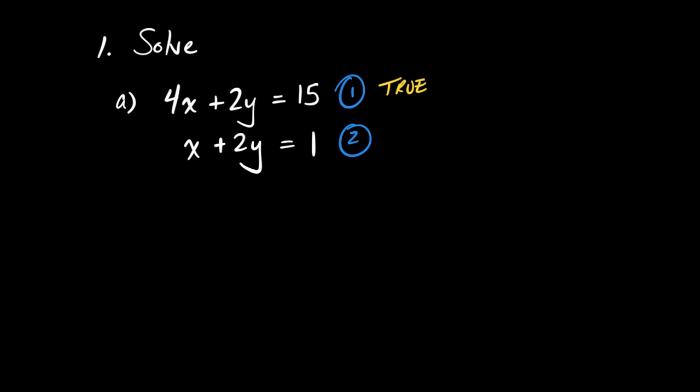It's because you've been told it's true. You've been given an equation that says 4x plus 2y equals 15. And so what you have then in equation 1 is a relationship between x and y, where when we multiply x by 4, multiply y by 2, and add them together, we always get 15. You've been given that. It is a statement that is true.